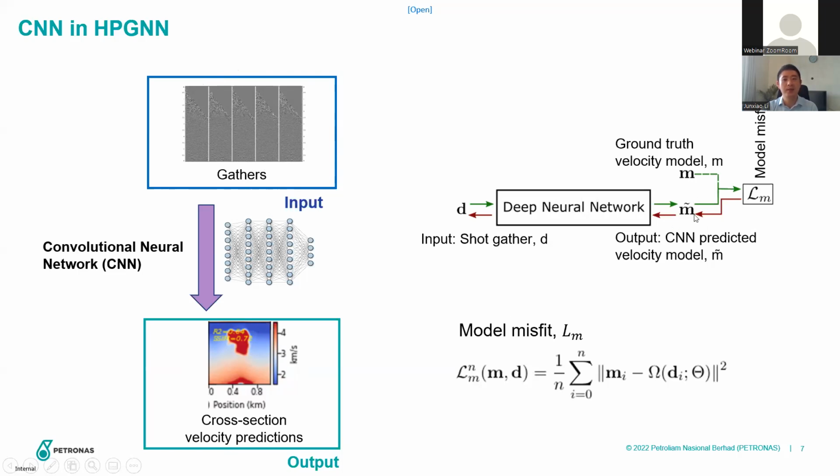The difference between these predicted velocity models and the ground truth velocity model will be the model-based misfit. We denote it as LM, which can be calculated by this equation based on the L2 norm.